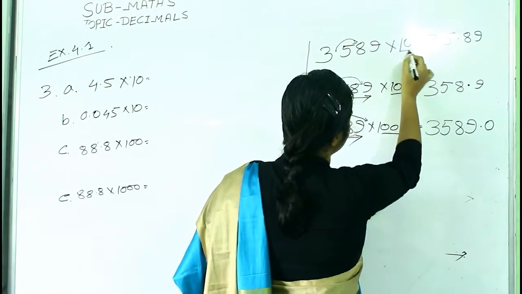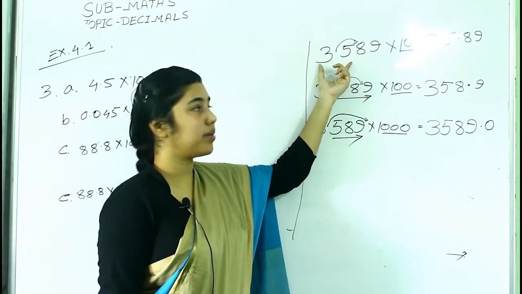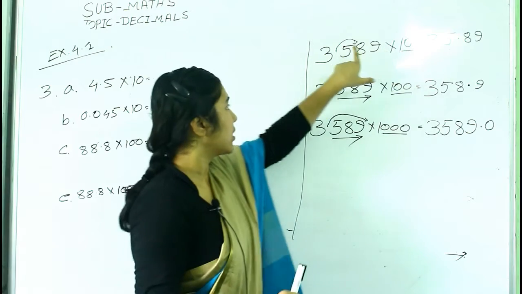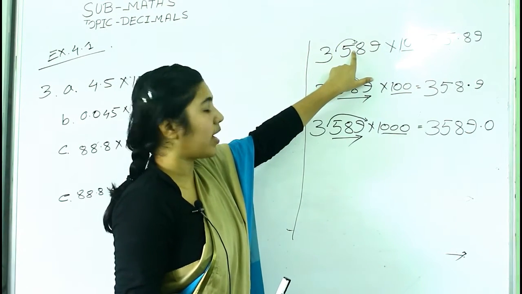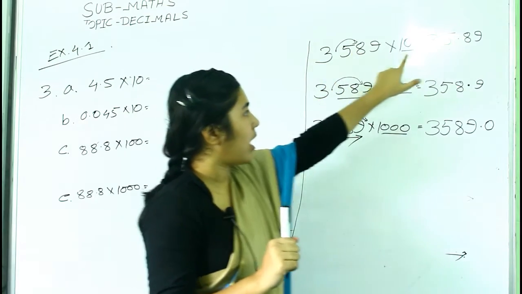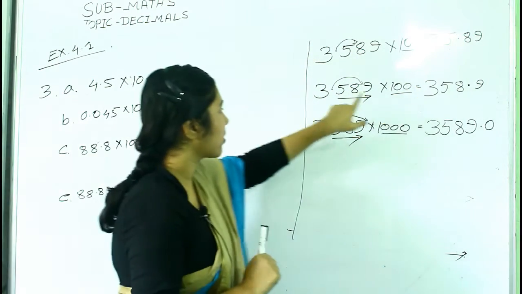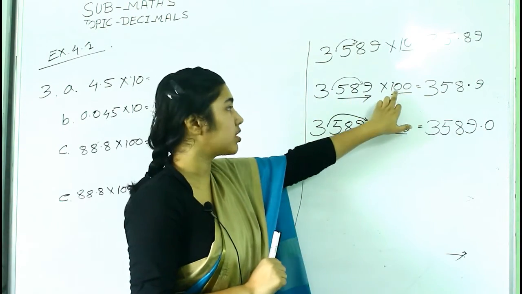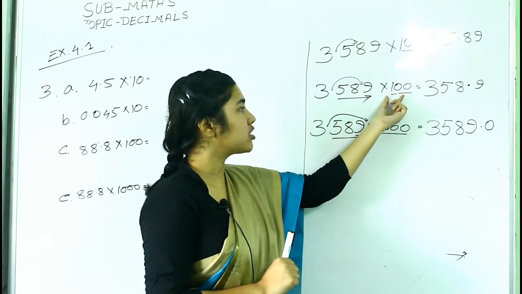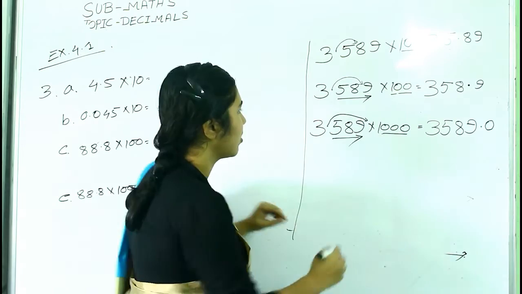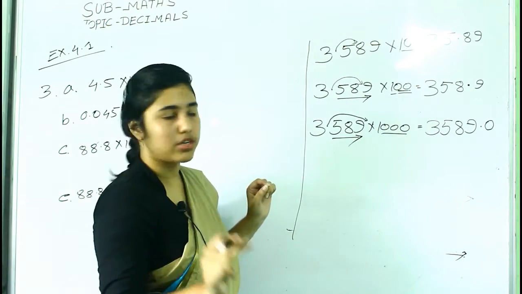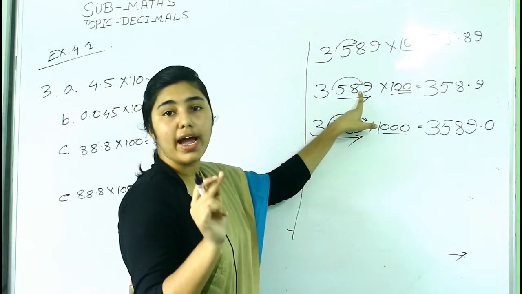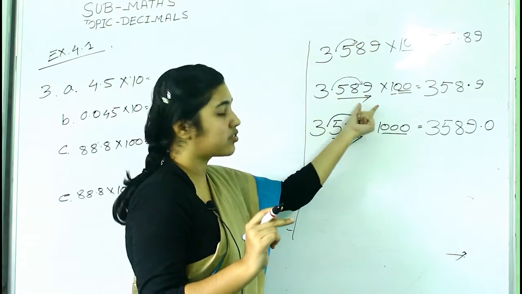Now notice one thing. If we multiply a number with 10, 10 means 1 is followed by 1 zero, then the decimal point will shift 1 decimal place. If we multiply any number with 100, 100 means 1 is followed by 2 zeros, right? Then the decimal point will shift 2 decimal places to the right.